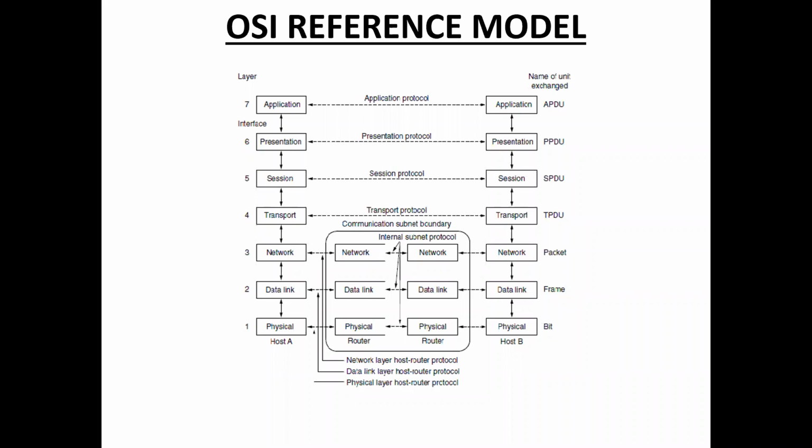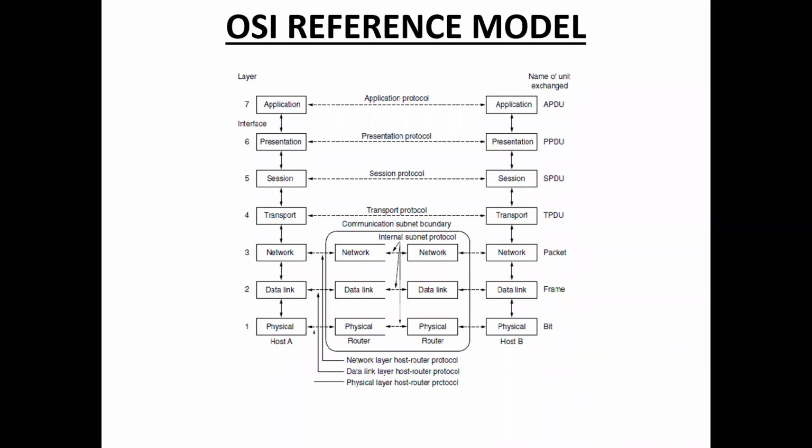The functions of the data link layer are, first one, framing. Framing provides a way for the sender to transmit a set of bits that are meaningful to the receiver. A frame is a collection of bits. Second, physical addressing. Third, error control. Fourth, flow control.